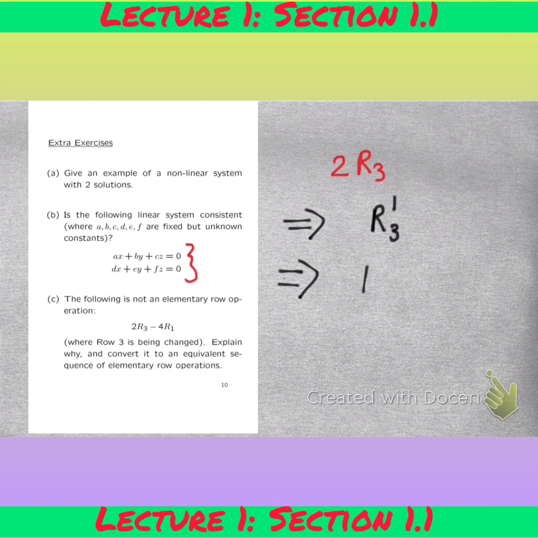We change the third row of this new matrix by adding minus 4 times the first row of the original matrix. So there I've converted this operation into a sequence of 2 elementary row operations.